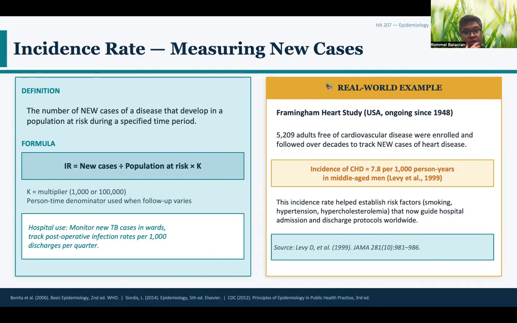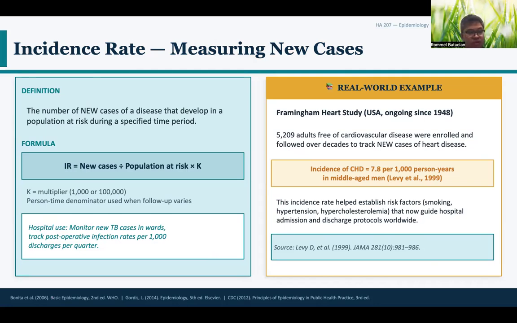As a result, they determined that the incidence is 7.8 per 1,000 person years among middle-aged men. So what does that number signify? It was through tracking incidence that researchers identified the major risk factors like smoking, hypertension, and high cholesterol.